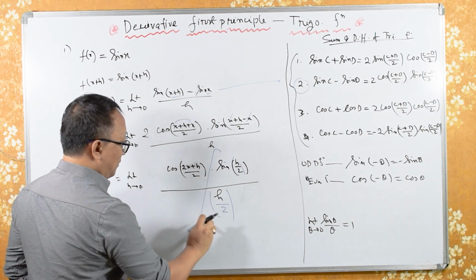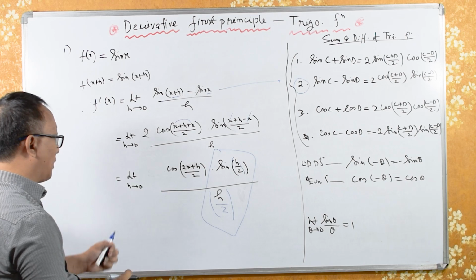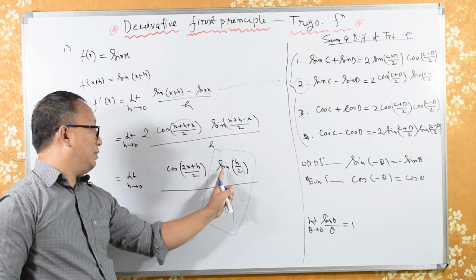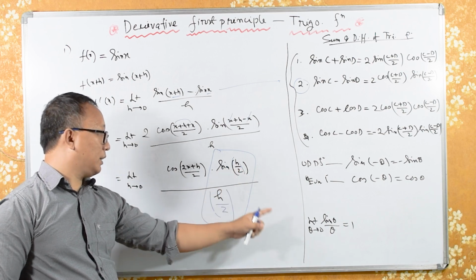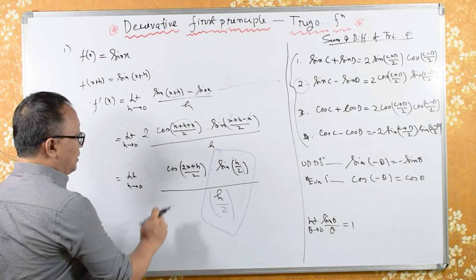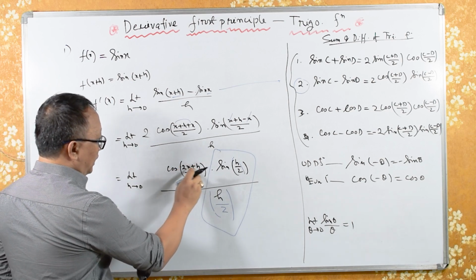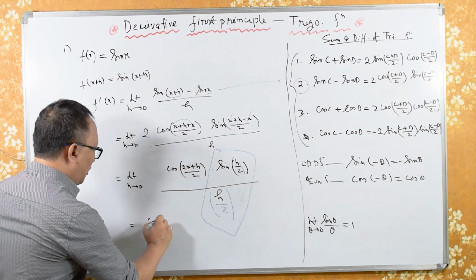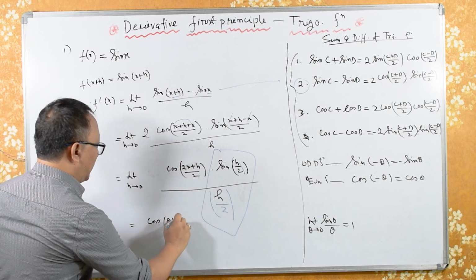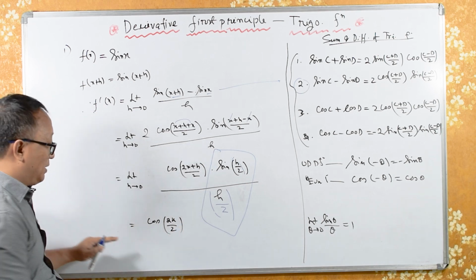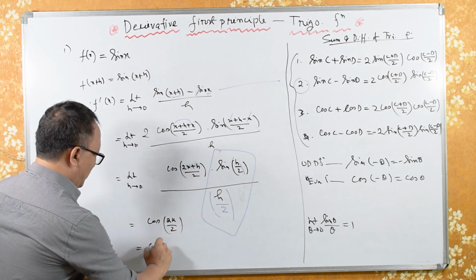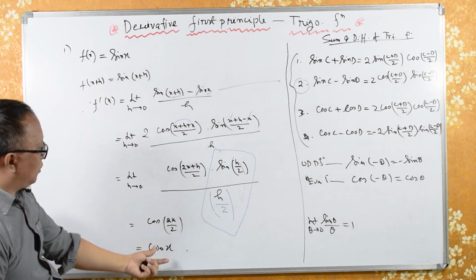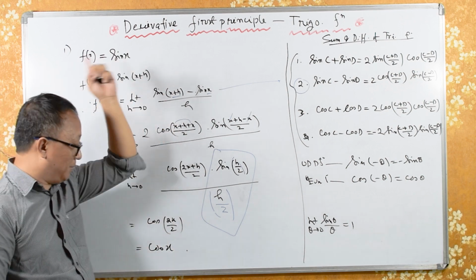So when h tends to 0, sin(h/2) upon h/2 becomes 1, and here we have cos of 2x upon 2. Now everything is free from h, the 2 gets cancelled, and we have cos x. This is another solution for f(x) equals sin x; the previous one is one and the same.